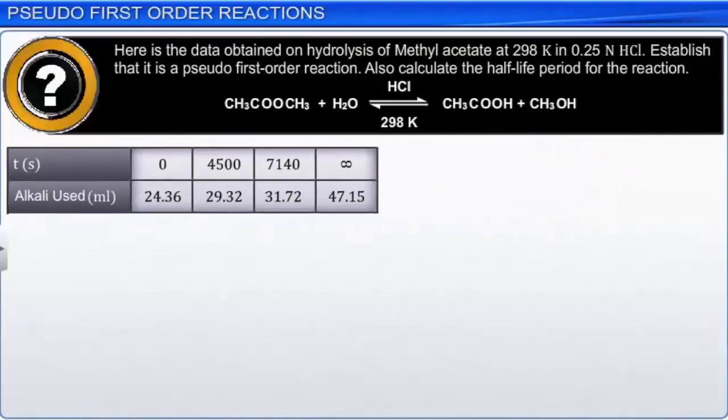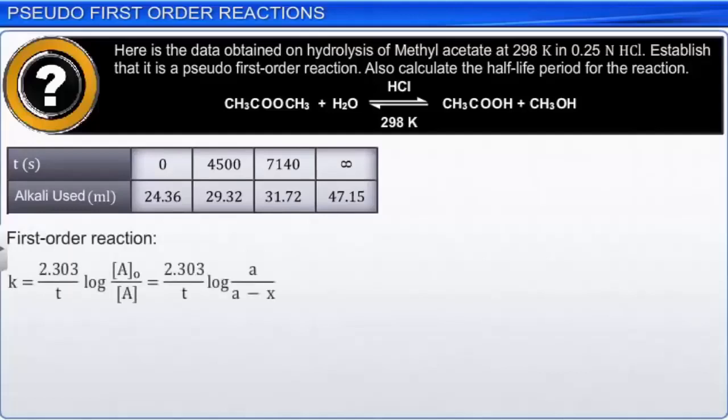In the first step, write the integrated rate equation for the first-order reaction as shown here. Next, calculate the initial concentration and the concentration of the ester, that is, methyl acetate, at the given intervals of time by using the given data.